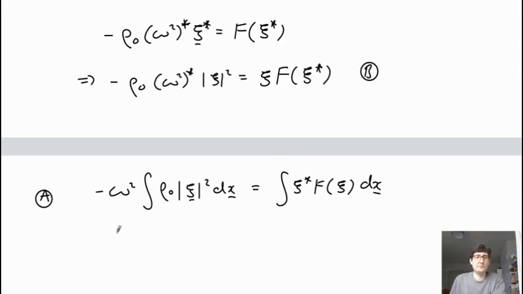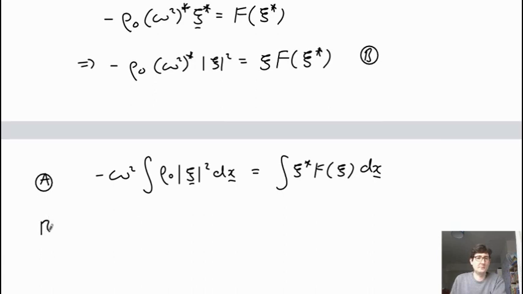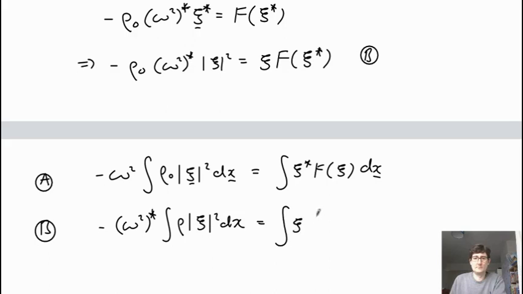And then similar for equation B, so we just end up with equation B gives us minus, now we have an omega squared complex conjugate. Because this is self-adjoint, you can see that these two equations are the same because it's self-adjoint.